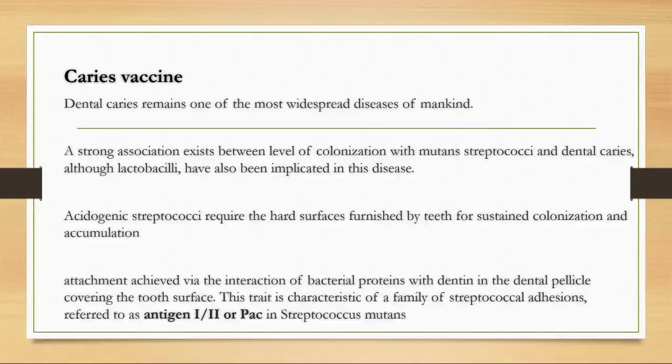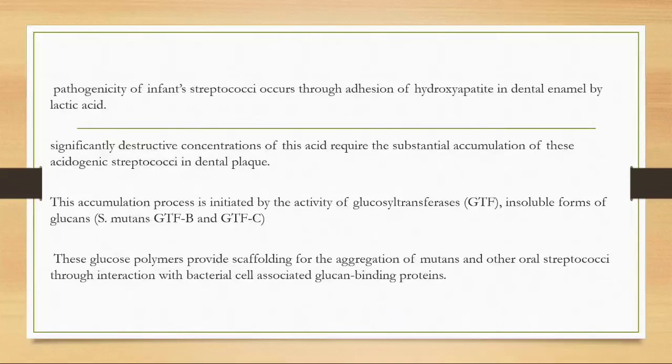Somewhere we are going to interrupt this attachment or multiplication of the bacteria, streptococcus. The pathogenicity of streptococci occurs through their adhesion to hydroxyapatite, so we are trying to prevent the adhesion.